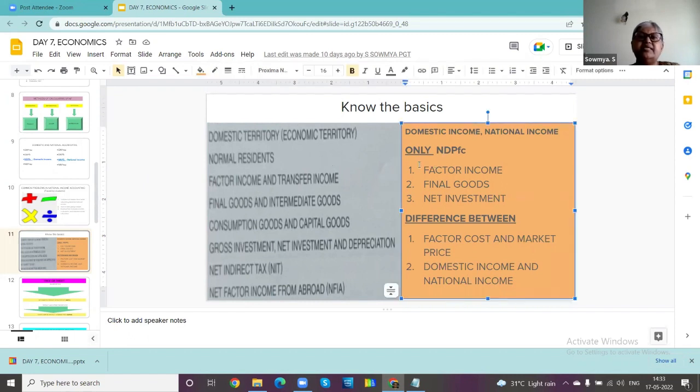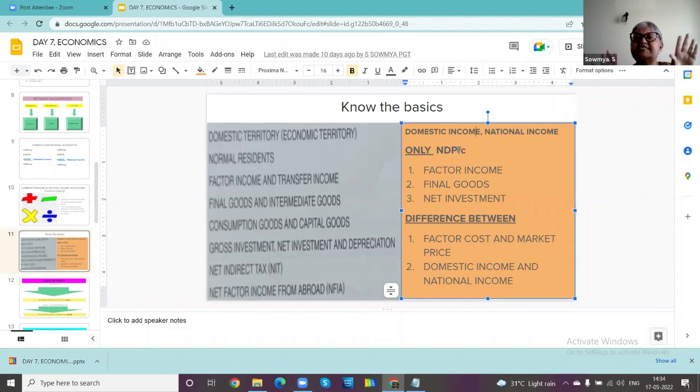So yeah, see, look at this. This is what I was trying to tell. Only NDPFC, domestic income, right? It will consist of what? Only the factor income. We'll have to repeatedly tell them the domestic income and the national income will have only the factor income and no transfers.